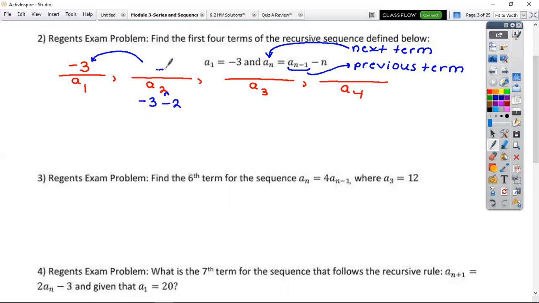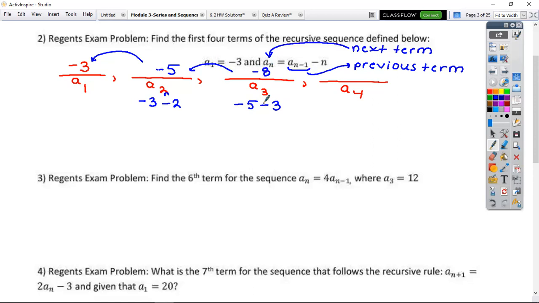So this is equal to -5. Now we do it again. So to find the third term, I look at the term that came before it, which is -5. And then minus n, which in this case is 3. Again, this is the simplest way you could possibly do these without showing which one worked. So I'm going to have -8 with this.